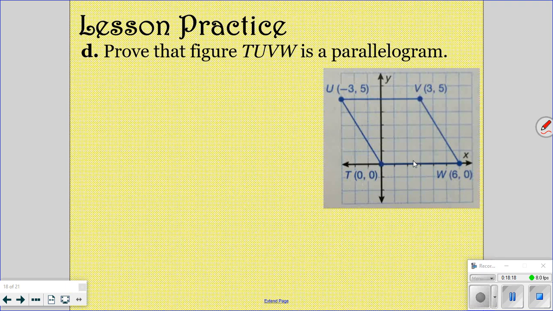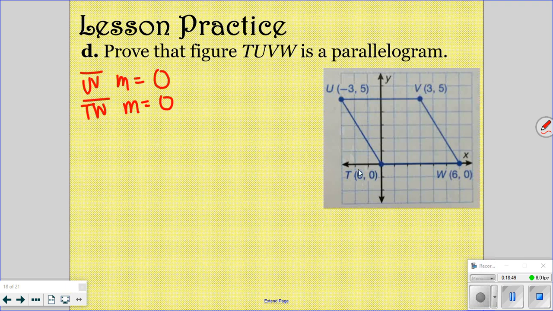Okay, now we want to prove that this is a parallelogram. To prove that it's a parallelogram, we just need to prove that the opposite sides are parallel. So side UV slope is 0 because it's a horizontal line, and side TW is horizontal, so its slope is 0.